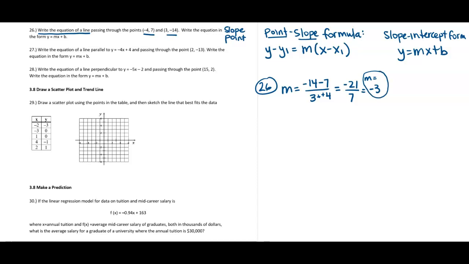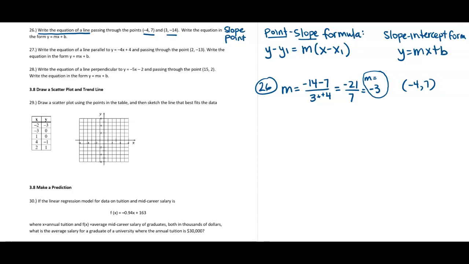All right, so this is part of what I need. So I've got a slope, and I've got a point already. I'll put that over here. So the point that I'm going to use is negative 4, 7. You could use the other one. It doesn't matter which one you pick. Either one is going to get you the same answer.